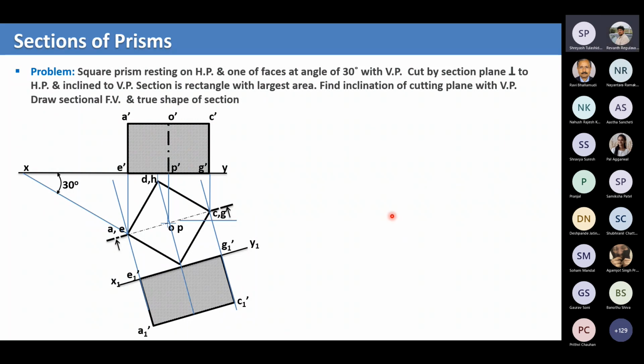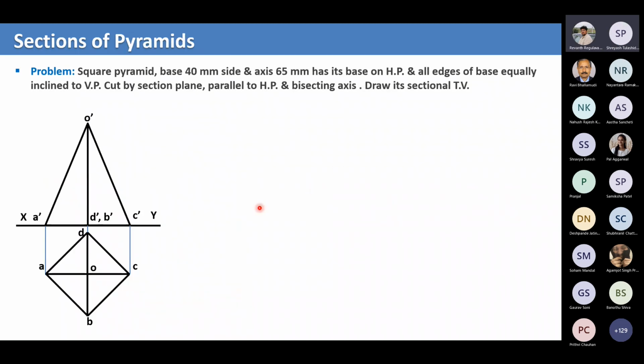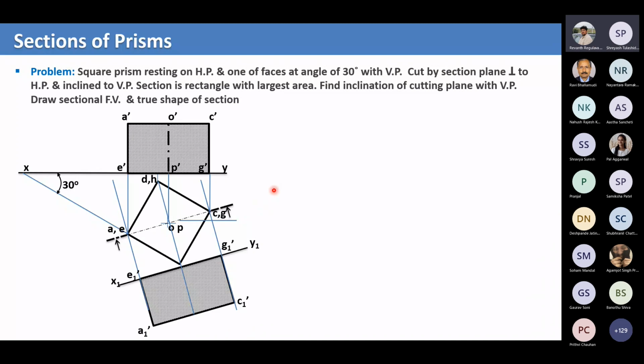Okay, so we'll proceed to the next one because we have things to cover, and you can always try this when we give you this PPT. In the previous question, there will be two answers, right?